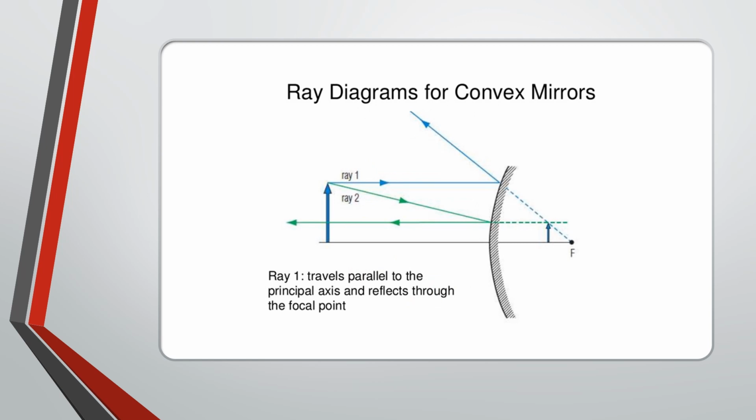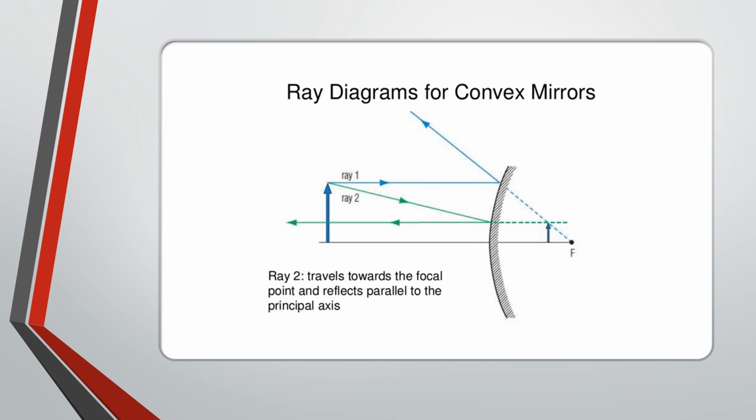Here we have the ray diagram for the convex mirror. And as you see, the first ray, ray 1, travels parallel and then is reflected. It can't go through the focal point, so it reflects from the focal point outward. So you see, you can start at the focal point and then draw a line up through where it contacts the mirror, and that will give you your first ray.